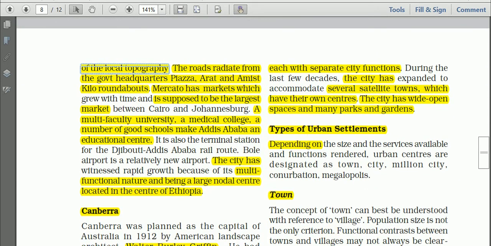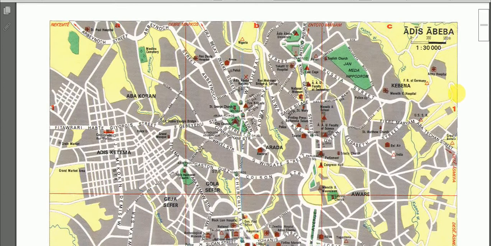See here, this is Addis Ababa, a larger view, and here you are seeing these roads. Some areas are hills and some areas are valleys. How can you identify that?